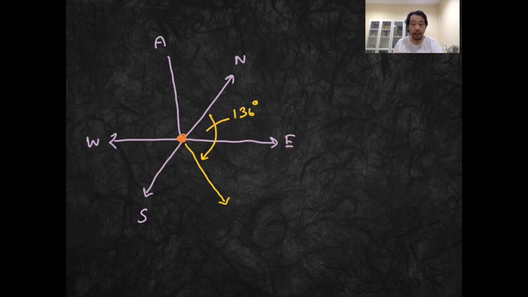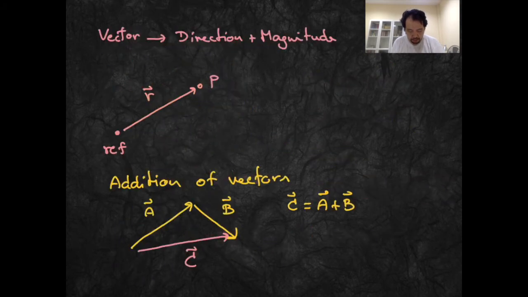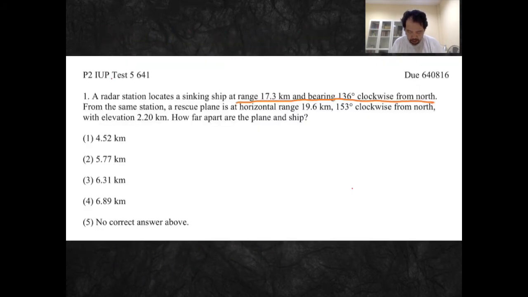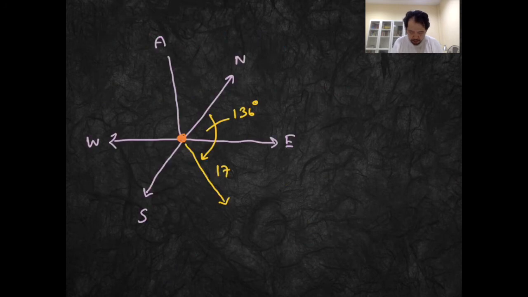It's a clockwise direction from north, and the distance is 17.3 kilometer. So the sunk ship is here with respect to the radar station.